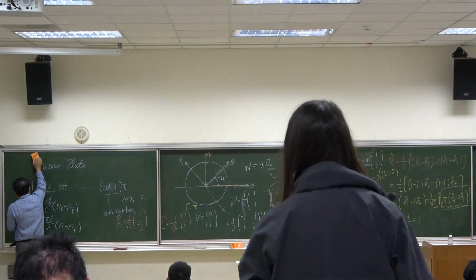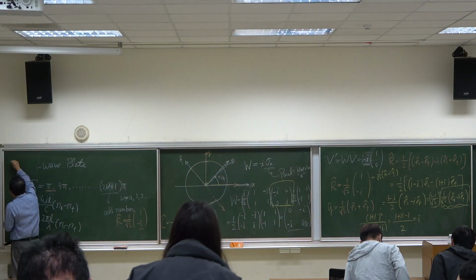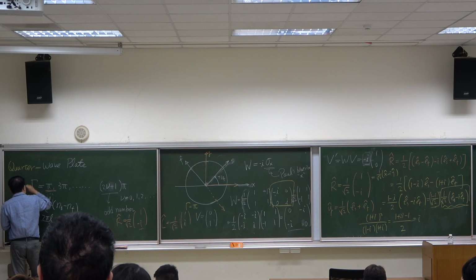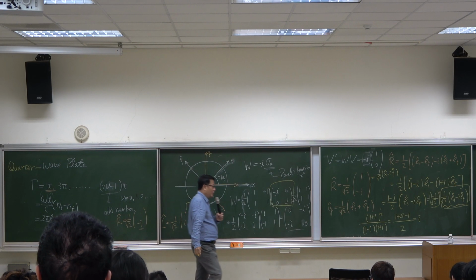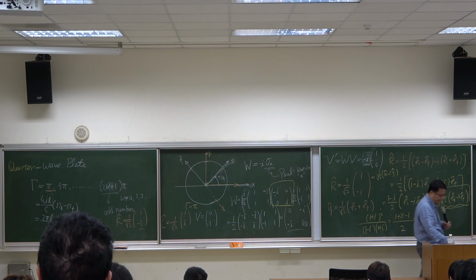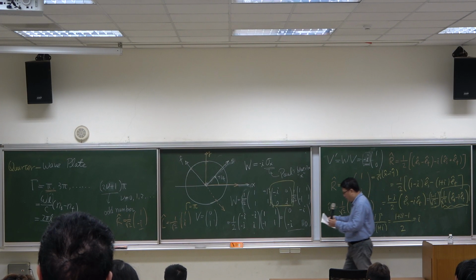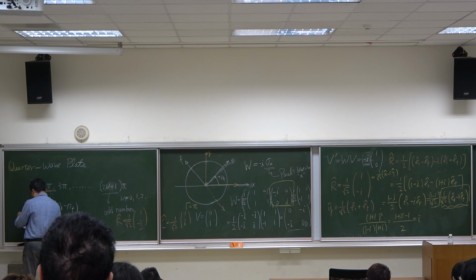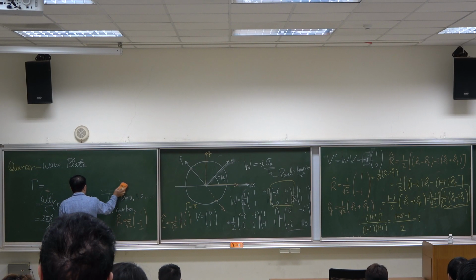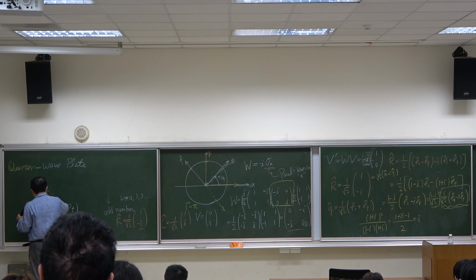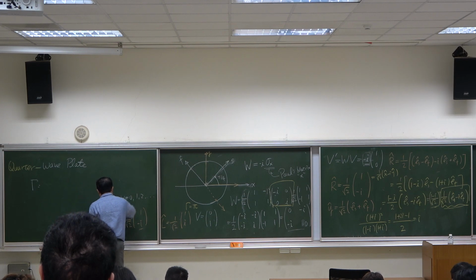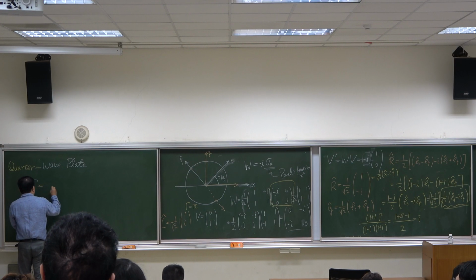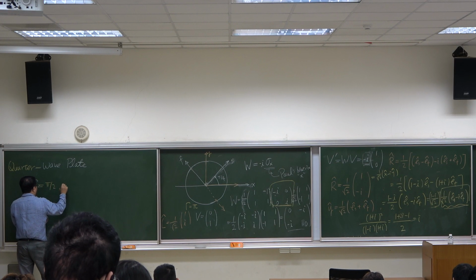We can also have a quarter wave plate. A quarter wave plate means gamma is equal to half pi.